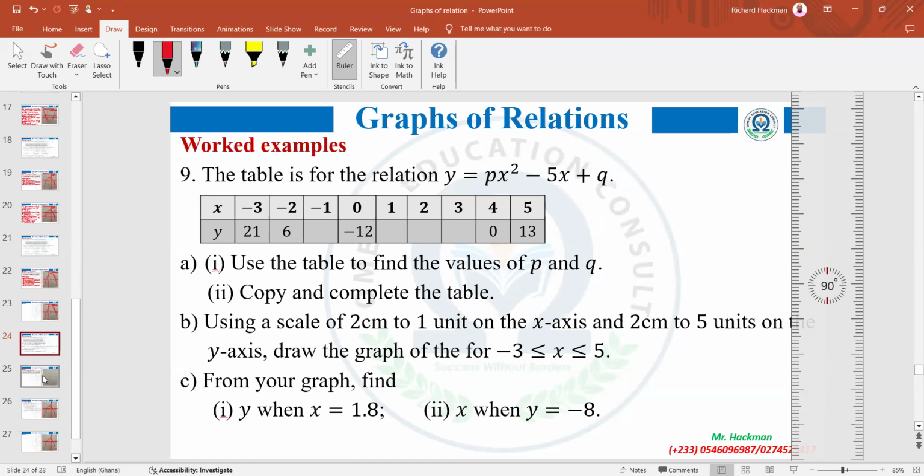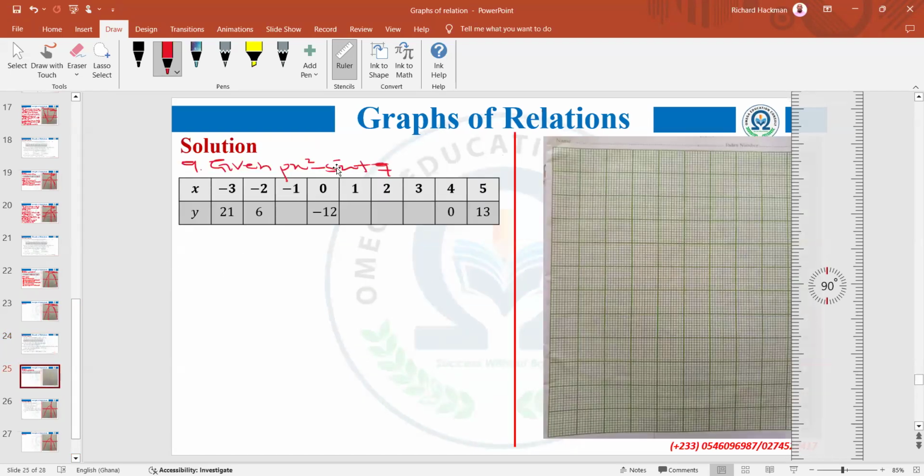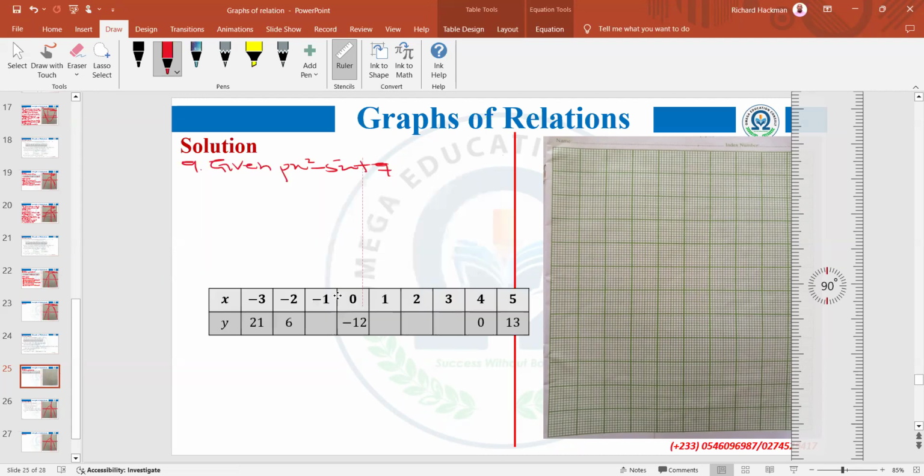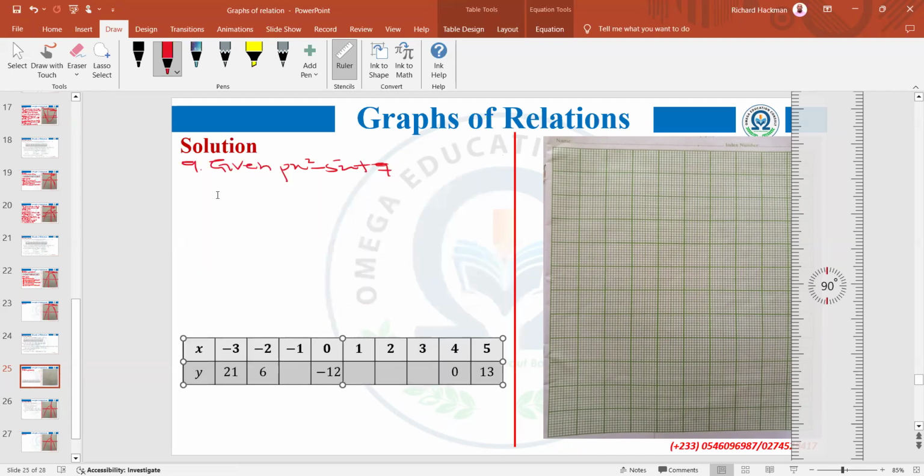So that's what we are given. Now we need to find the values of P and Q before we can complete. You've drawn your table, but the table will come after, so I have to move the table and position it well.